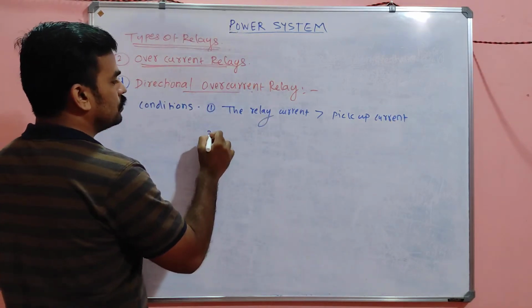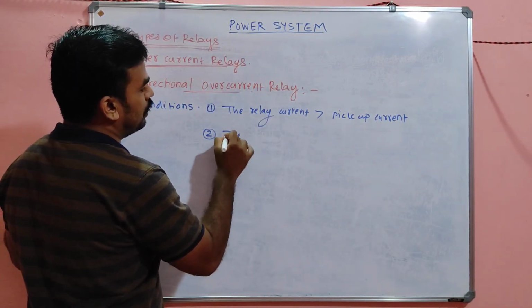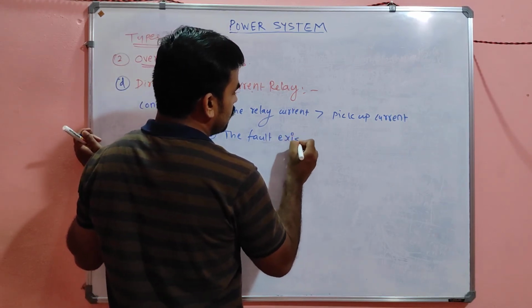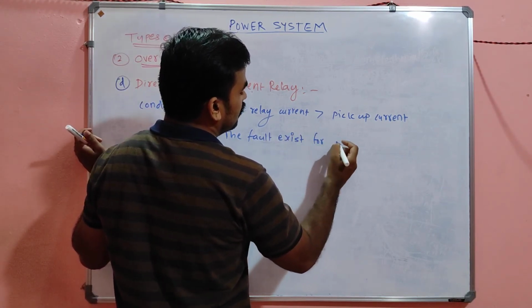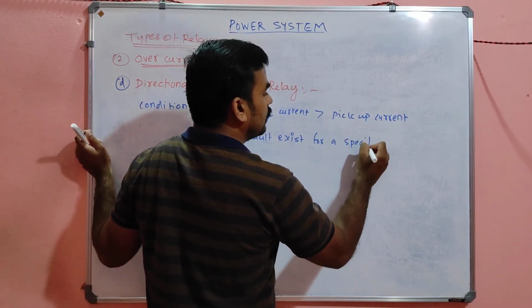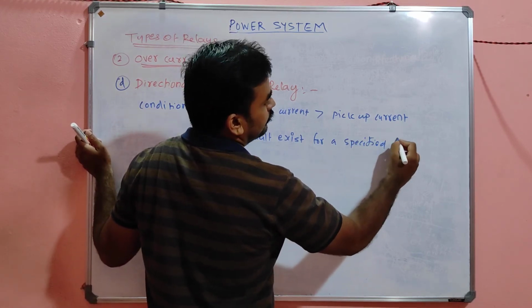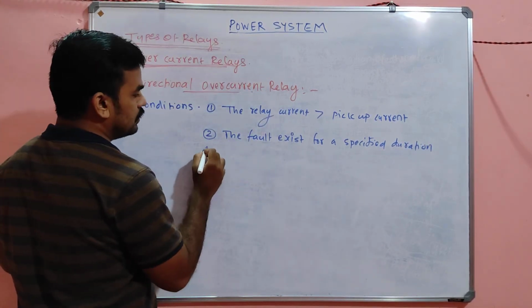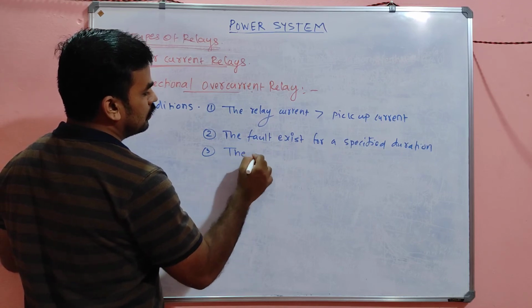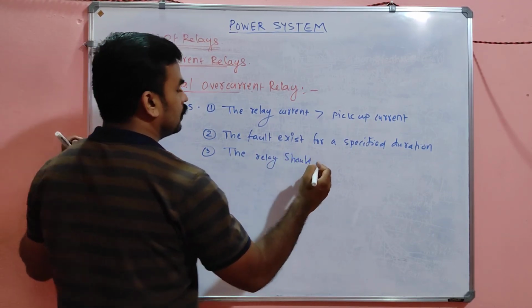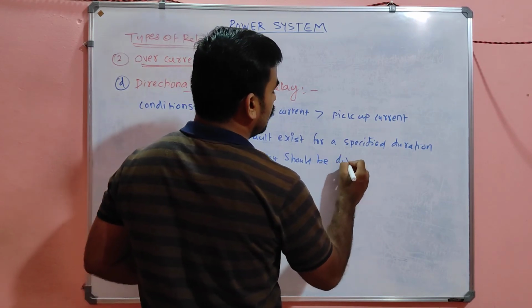Condition number 2, the fault exists for a specified duration. And the third condition, which is very important, the relay should be directional.